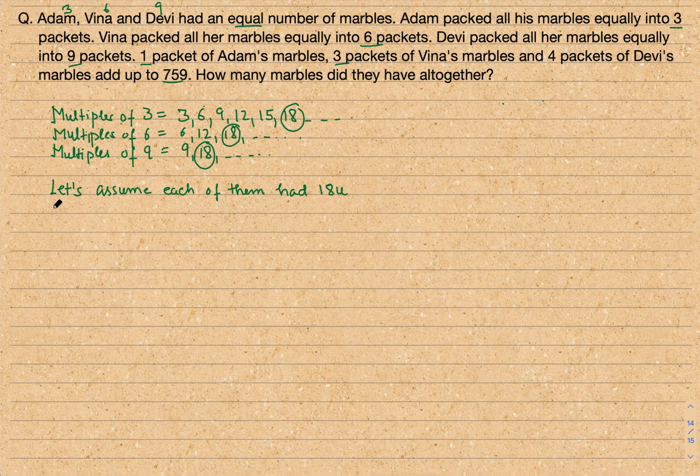So Adam's each packet, let's find out. Each one packet will have how many marbles? The total number of marbles he has is 18 units, and since he has divided them equally into 3 packets, each packet will have 6 units, because 18 divided by 3 is 6.